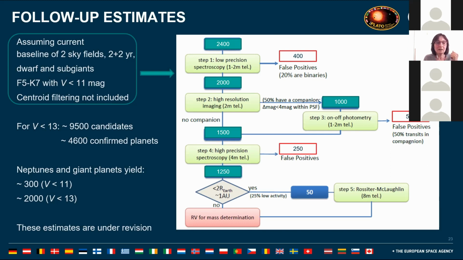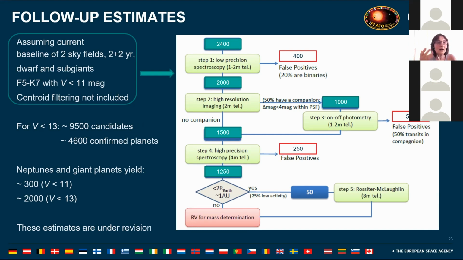And then the first 2 steps, which are the low precision spectroscopy and high resolution imaging, where we will be able to remove a large number of the false positives, could also have contributions, as I said before, from the amateur community. Just to give some numbers, we expect in general, for all types of exoplanets and periods, around stars with magnitude less than 13, around 9,500 candidates, and around 4,600 confirmed exoplanets.